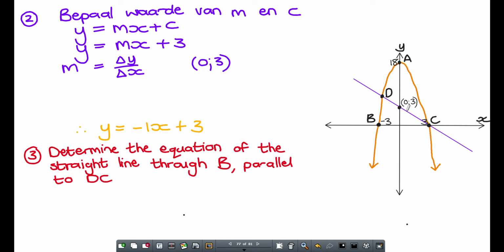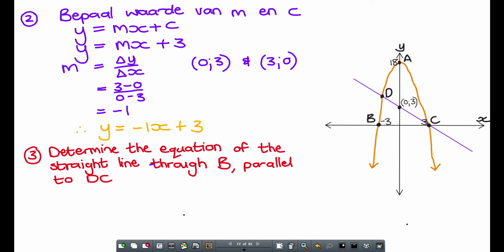That's over here, the y-intercept. Then I've got that coordinate where x is 3, y is 0. So as jy nou jouself instel, dan gaan die verskil in y wees 3 minus 0, en die verskil in x gaan wees 0 minus 3. En dit gee dan op die ou end ook vir jou minus 1. Okay, so same thing.